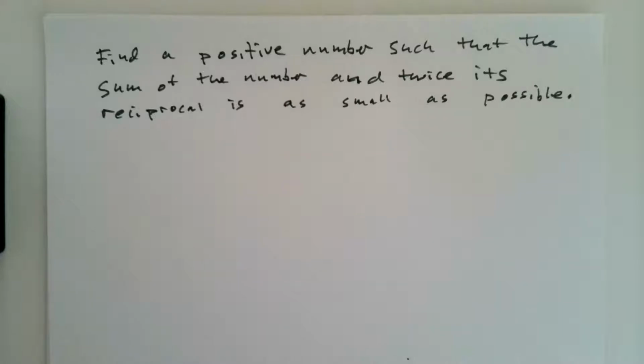If you think you have an answer, go ahead and post it. I'll take a look at it. What is that number such that the sum of that number and twice its reciprocal is as small as possible?